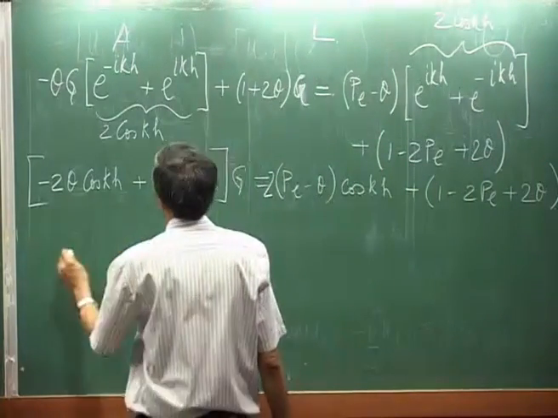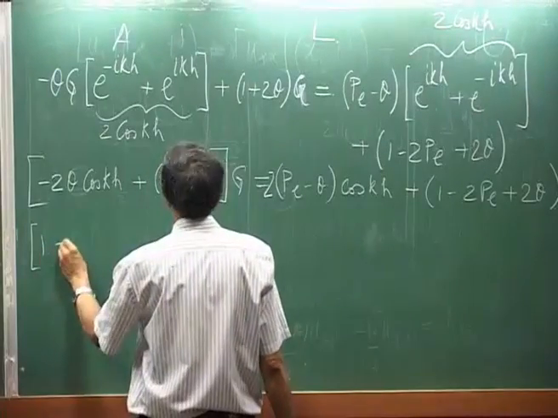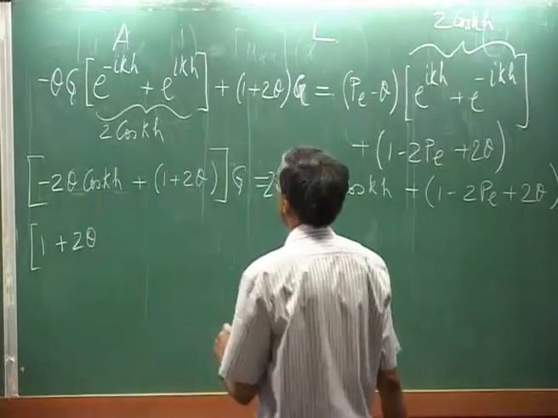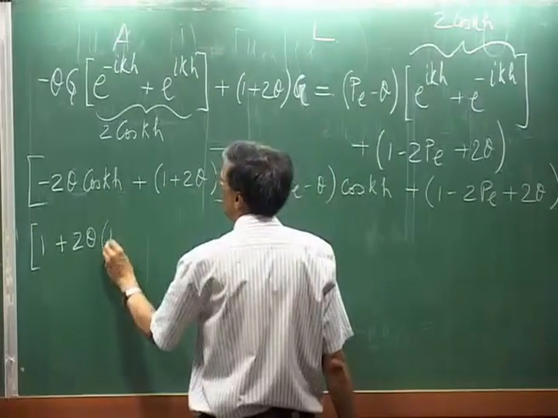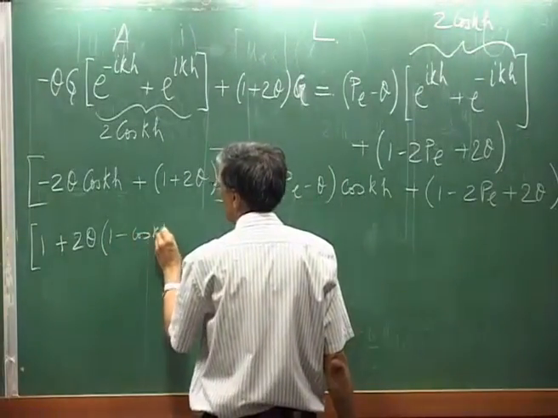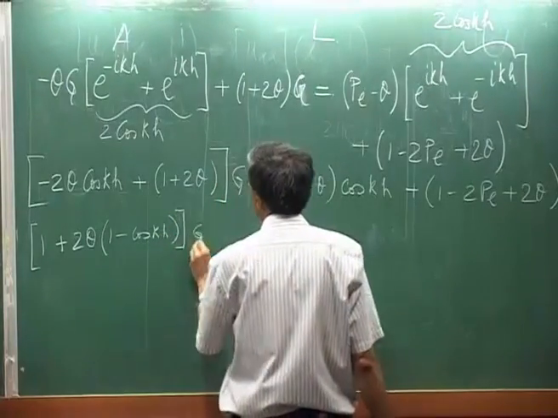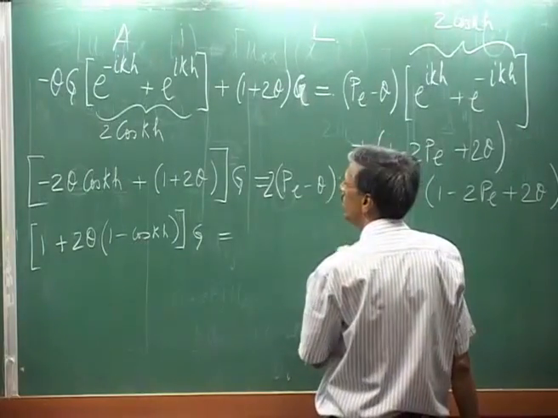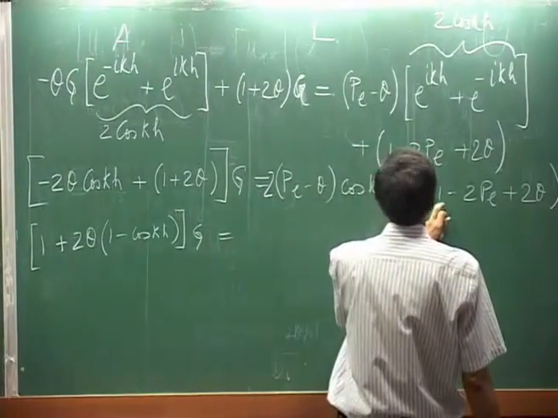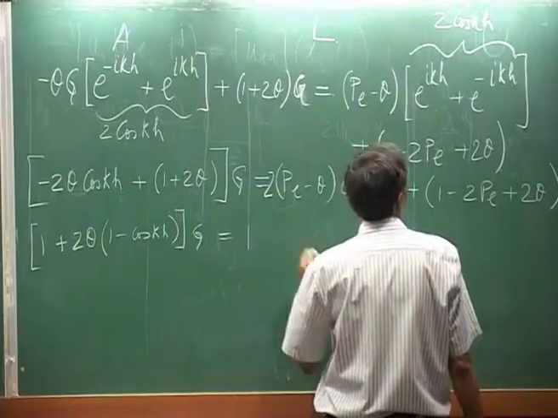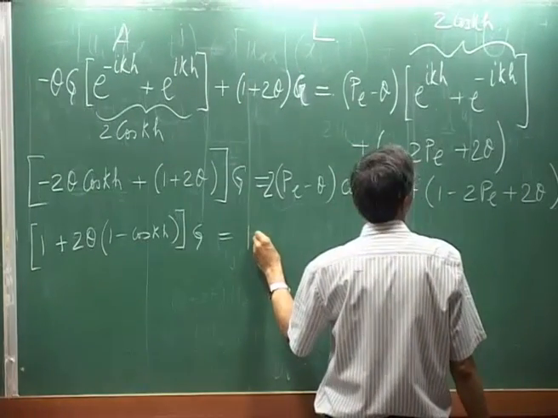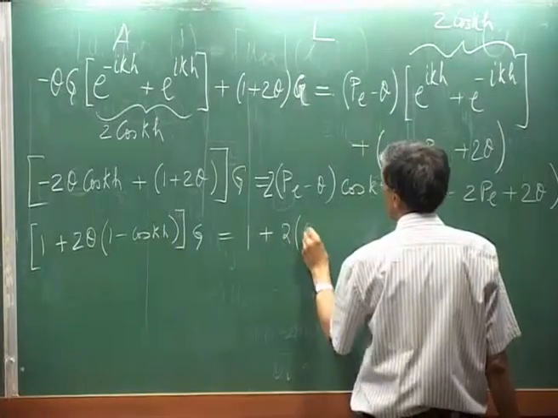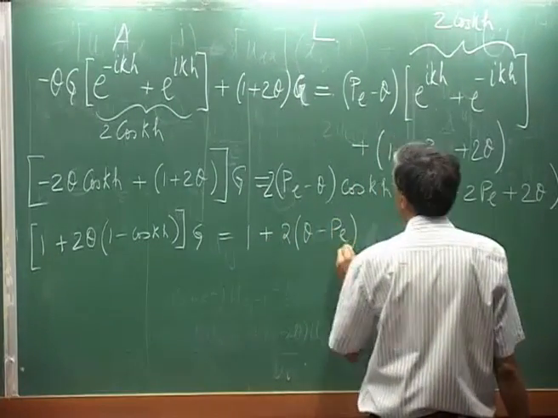So, this I could write it as 1 plus 2 theta, then I will have 1 minus cos k h into G, and on this side I could also get 1 here, and then I could write 2 times theta minus Pe.